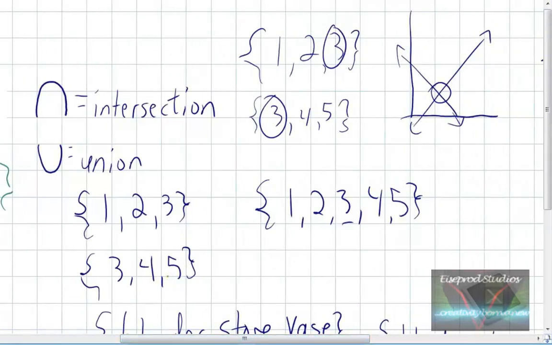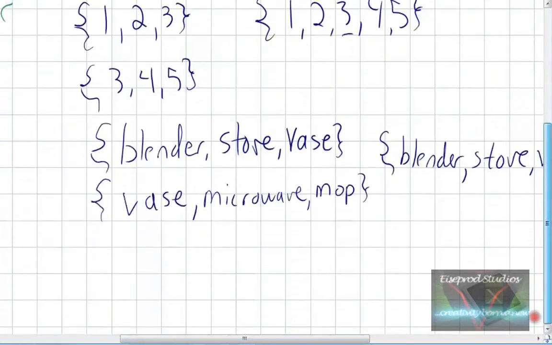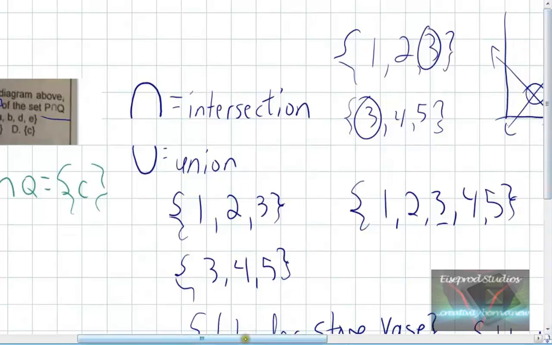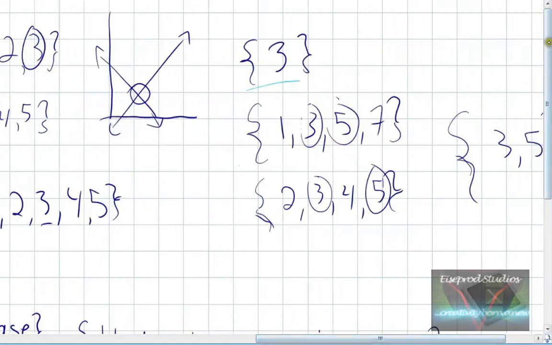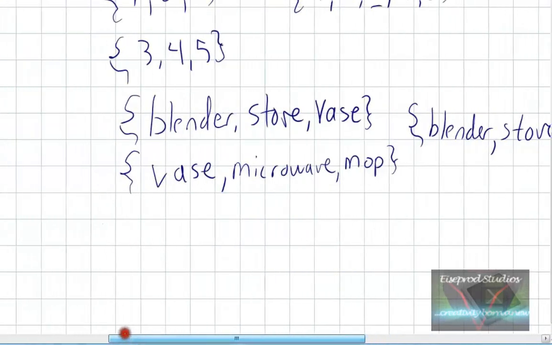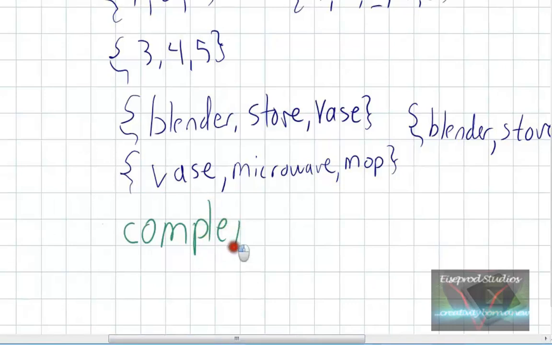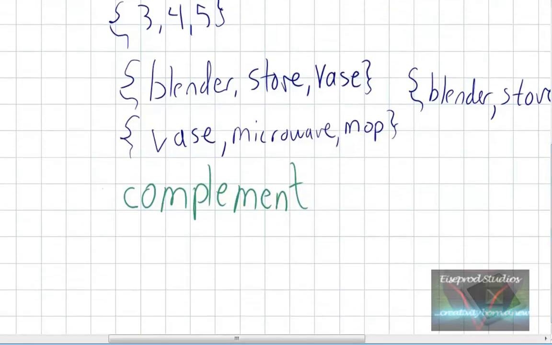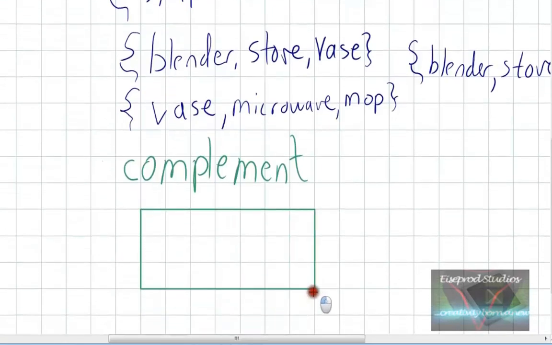Okay. Let's learn about the complement. Okay, it is within E. So now we have this thing called the complement. And I'll show you using this.